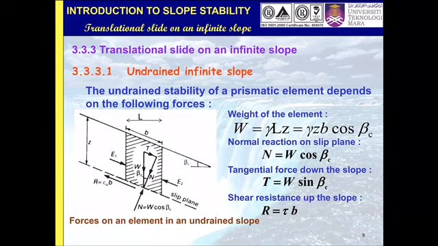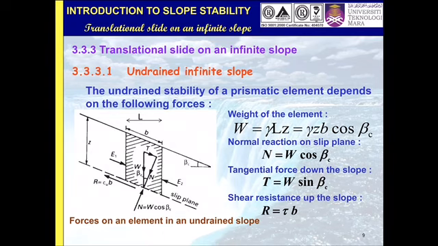And the second force is the shear resistance. Shear resistance is always going upward, which is contra to the tangential force. So R always goes upward and resists the slope from falling down, and the tangential force is the force that brings down the slope.